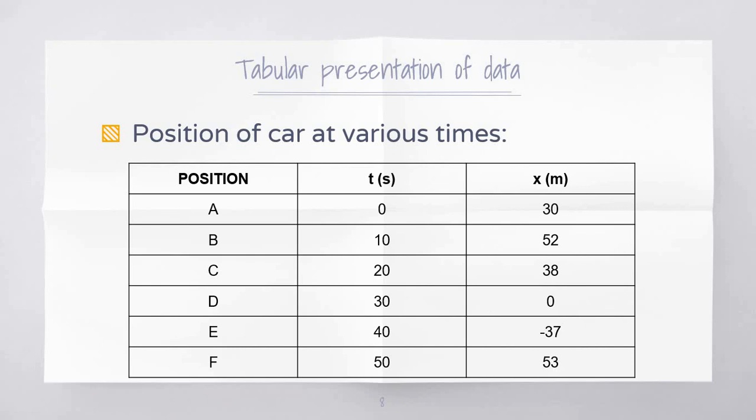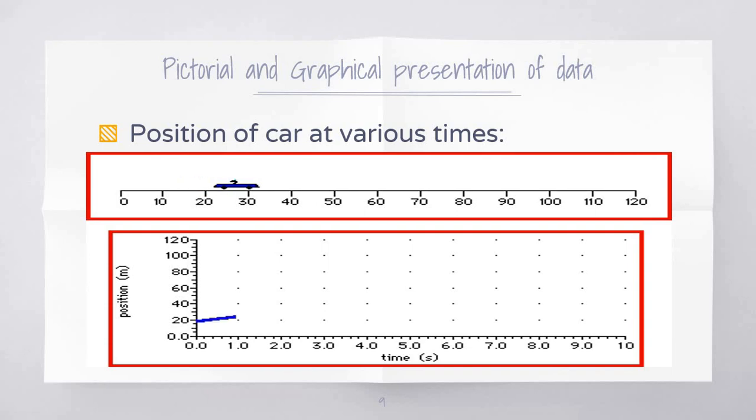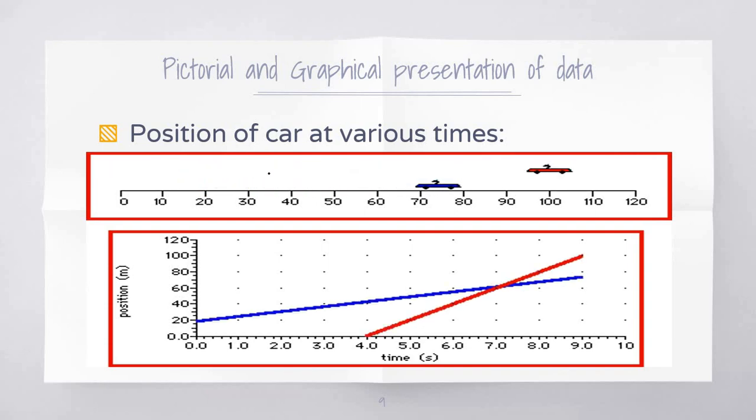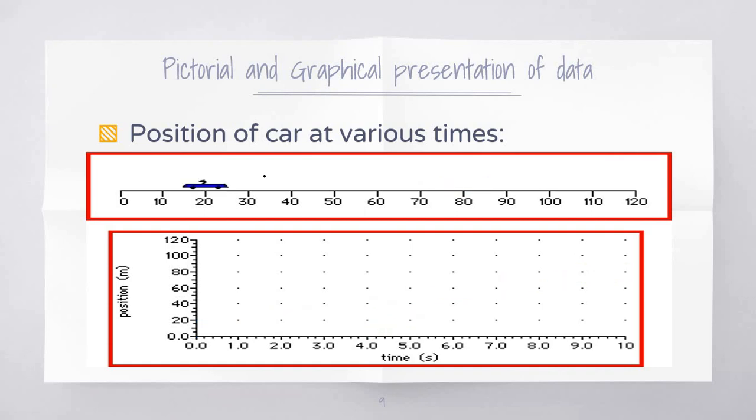Unlike when we use a pictorial presentation of data, just like this one, which uses pictures. So definitely, if you're a very visual type of learner, this one's the very best for you.